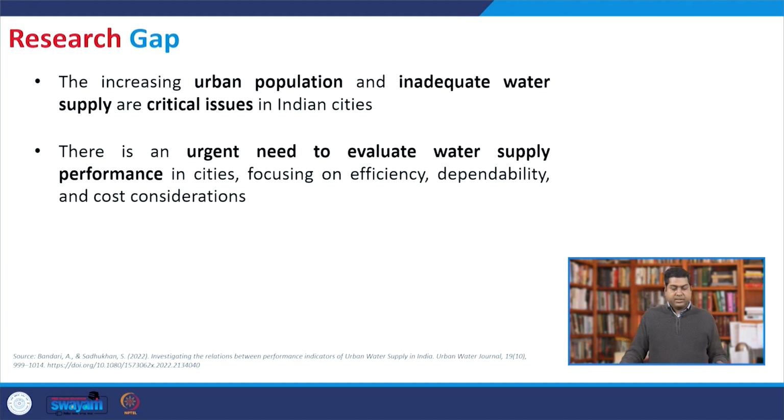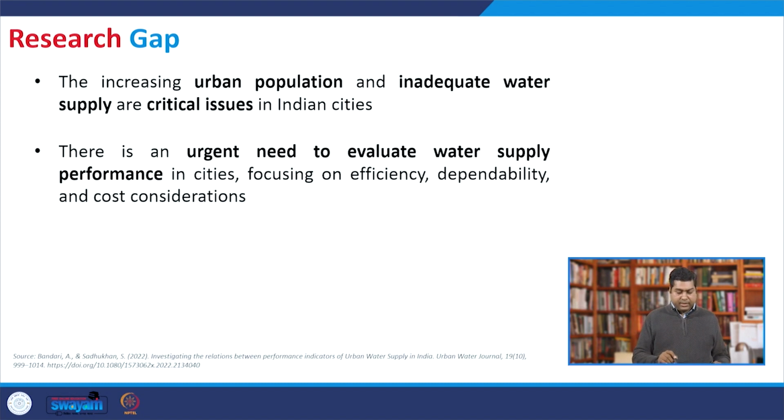Now coming to the research gap, which is very important. The increasing urban population and inadequate water supply are critical issues in Indian cities, especially cities having more than 10 lakh population, the million-plus cities.